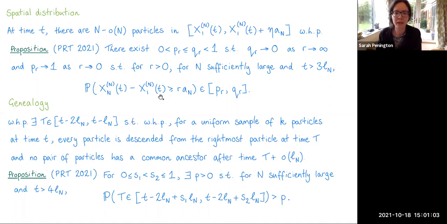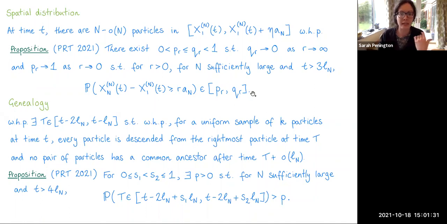So if we think of r being extremely large, then we know that QR would be very small. And so this would tell us that the probability that the diameter is at least r times an would be very small. And if we think of r being very close to 0, then PR would be very close to 1, and so the probability that the diameter is at least r times an is very close to 1.